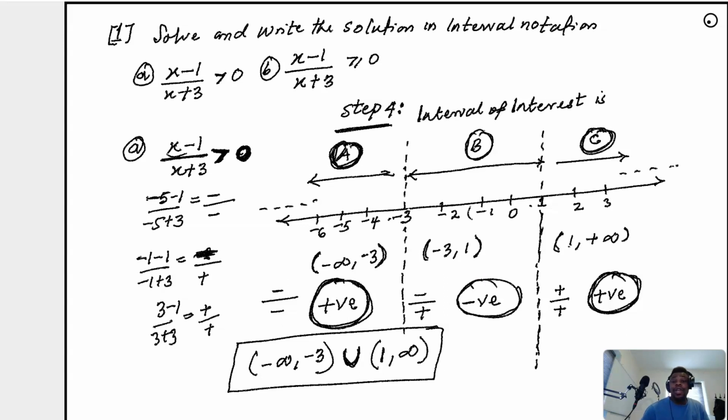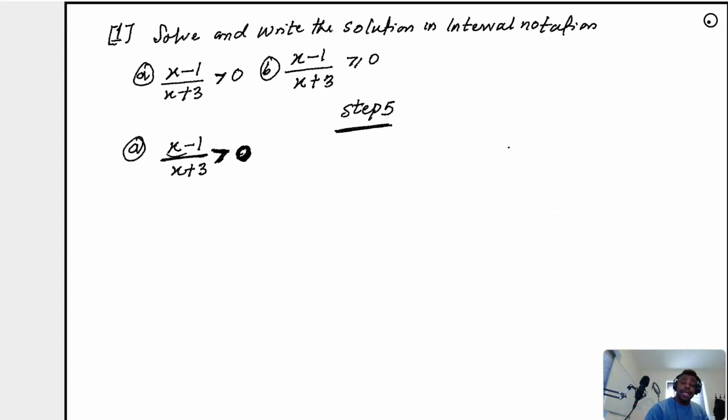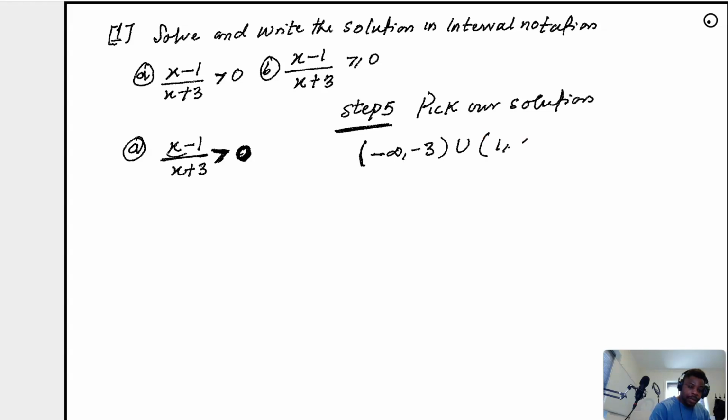Now let's see what is going to happen in step 5. Now step 5 is to pick our solution. Remember that from our interval of interest, we have this and this.